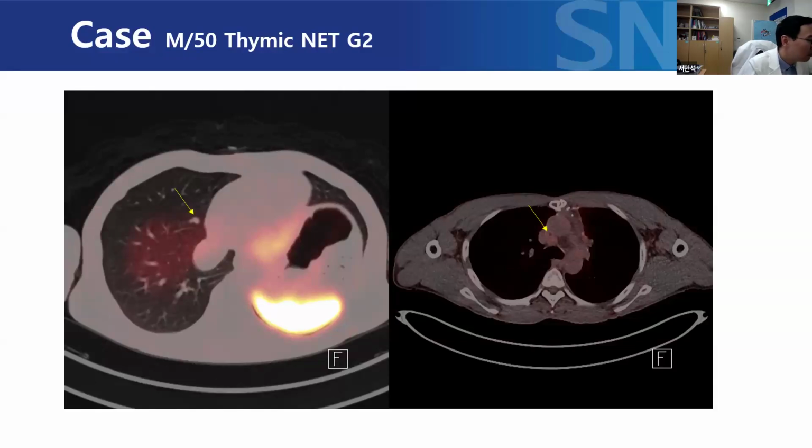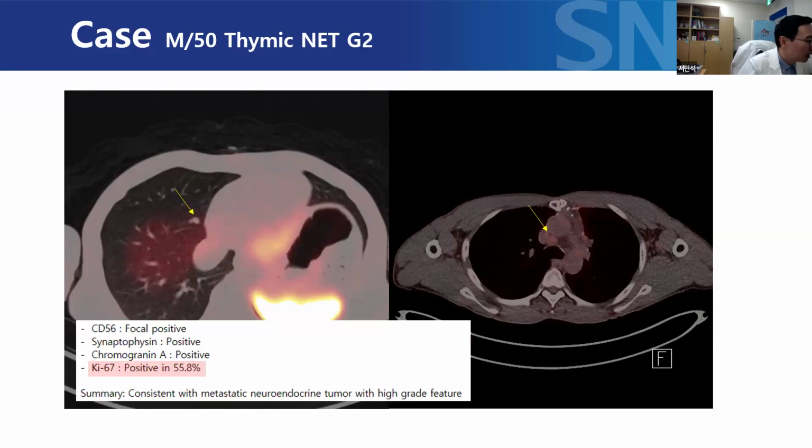And from the biopsy, it turned out to be a high-grade neuroendocrine tumor with a Ki67 level of 55.8%.